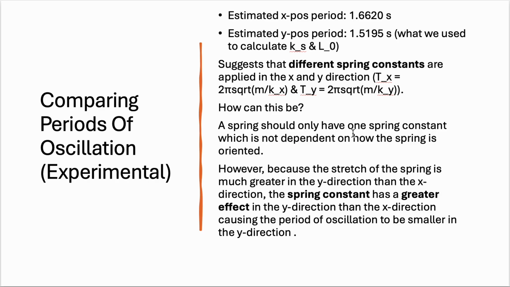But how can this be? A spring should only have one spring constant, which is not dependent on how the spring is oriented. However, in this case, because the stretch of the spring is much greater in the y direction than the x direction, the spring constant has a greater effect in the y direction than the x direction, which causes the period of oscillation to be smaller in the y direction.